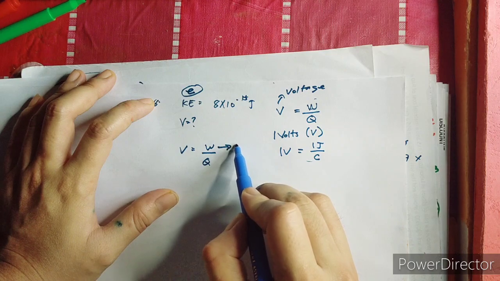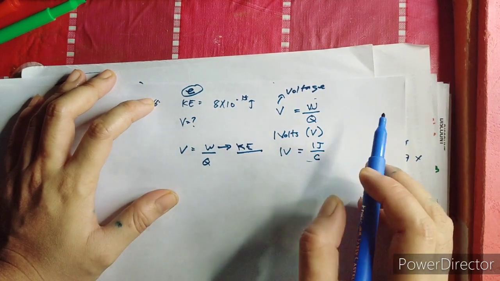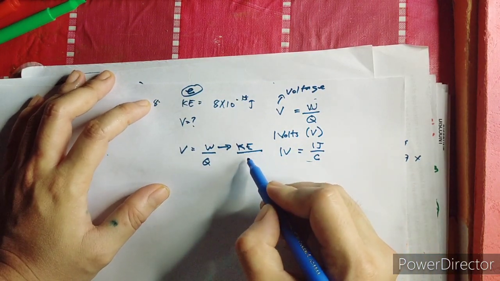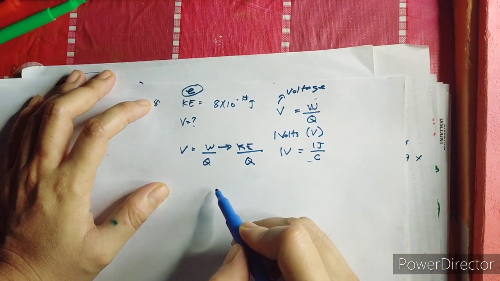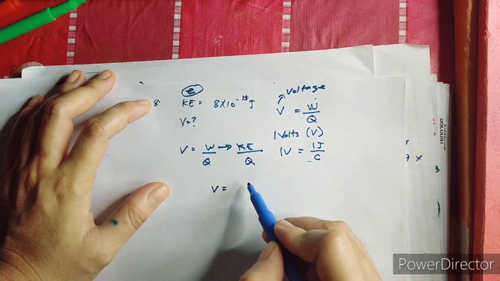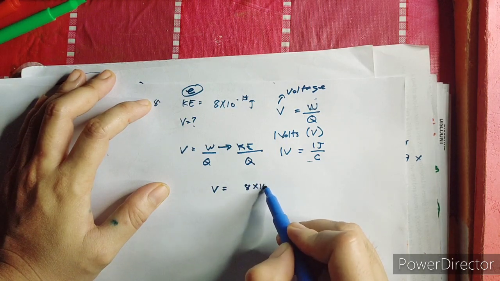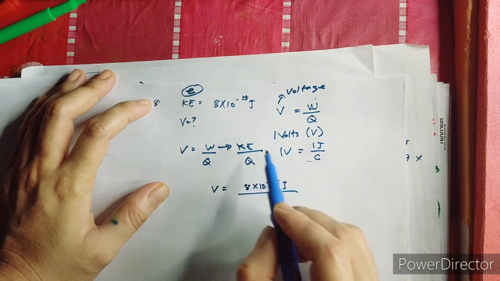So, naging energy transferred niya ay kinetic energy kasi nag-accelerate yung electron. So, pag nag-accelerate, may velocity yan. Q, yan. So, V equals 8 times 10 to the negative 15 joule all over Q.